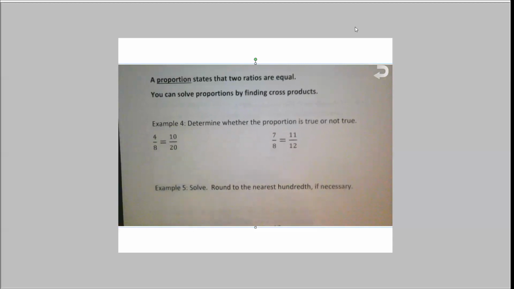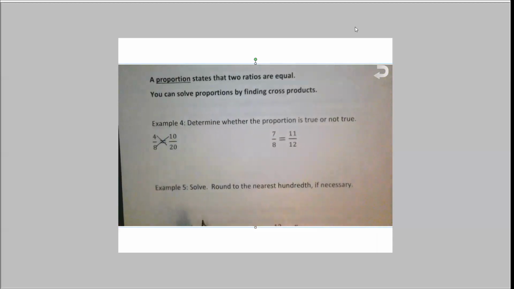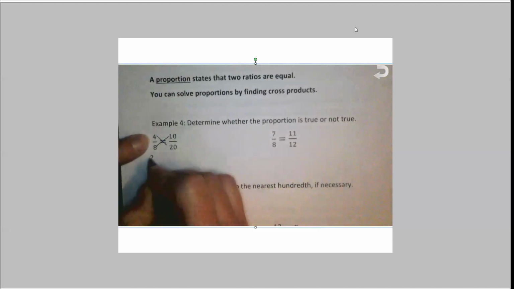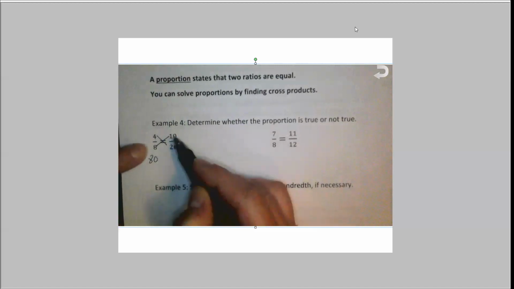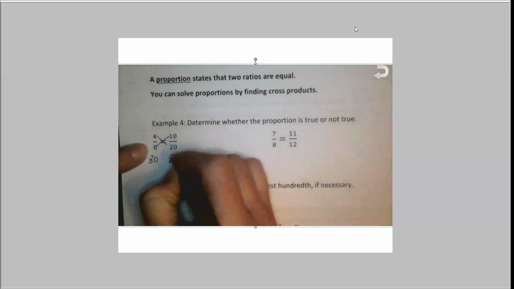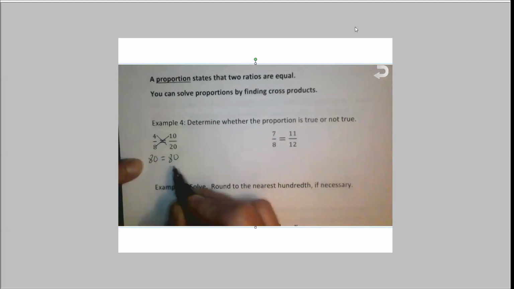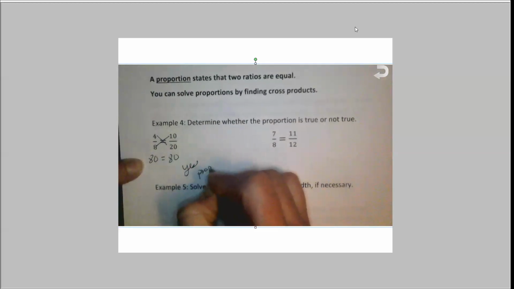And one way to check that is by cross multiplying, because if these ratios are proportional, then their cross products should be equal. So 4 times 20 is 80. 8 times 10 is also 80. So because their cross products are equal, we would say, yes, these are proportional. That would be a true statement.